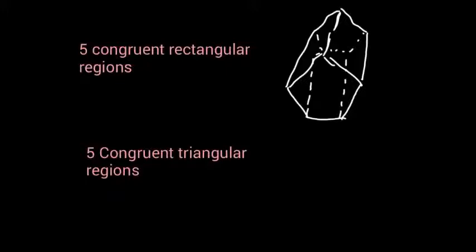So we got a pentagonal prism. So if you notice on that, we're going to have 5 rectangles that are the lateral faces of that prism that are all going to be congruent. So 5 congruent rectangular regions would be a pentagonal prism. Anytime you start seeing rectangles, it's going to be a prism.